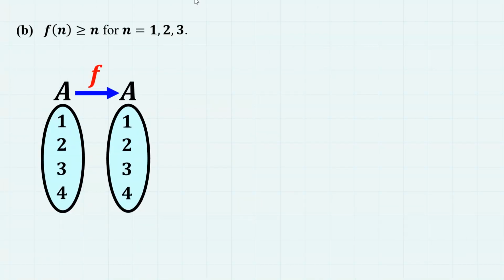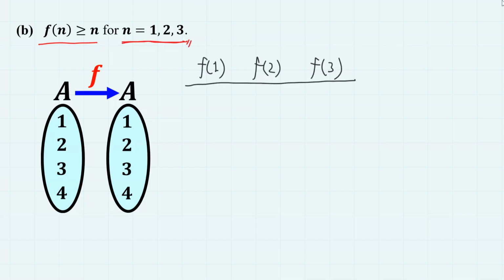For the second problem, now this inequality condition only has to be satisfied for n equals 1, 2, and 3. Therefore, for f(1), f(2), and f(3), we do the same thing. f(1) can be either 1, 2, 3, or 4, so 4 possible values. f(2) can be either 2, 3, or 4, so 3 possible values. f(3) can be either 3 or 4, so 2 possible values.